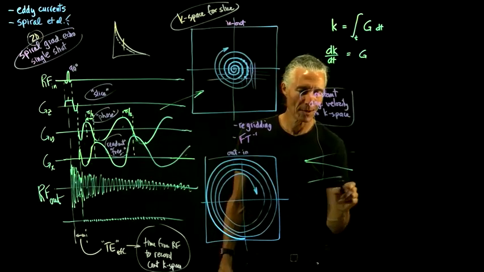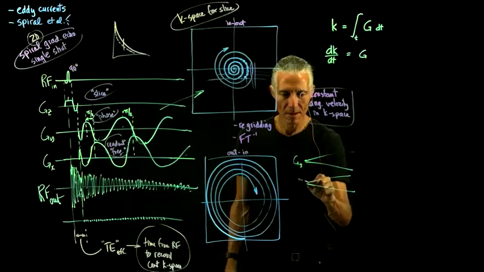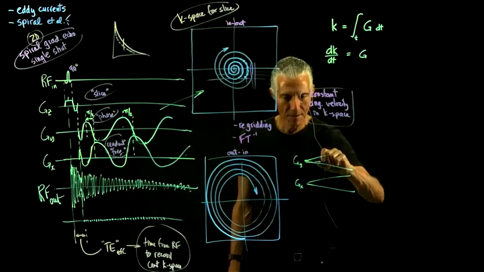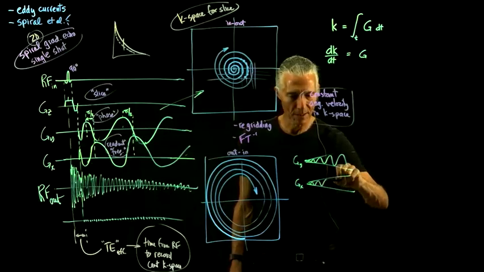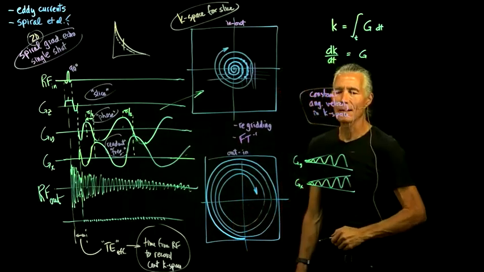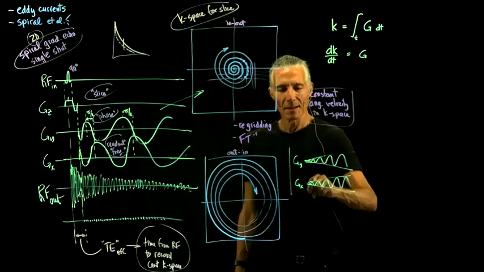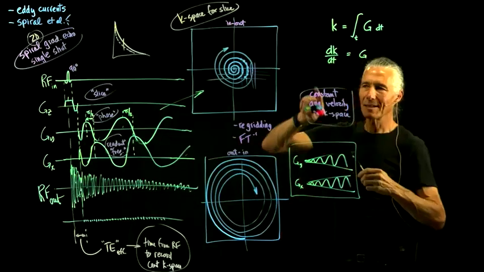Here's the x and the y gradients, Gy, Gx. You need something basically like that. One will look like a cosine, the other one will be a sine. And that will take you through k-space with a constant angular velocity.